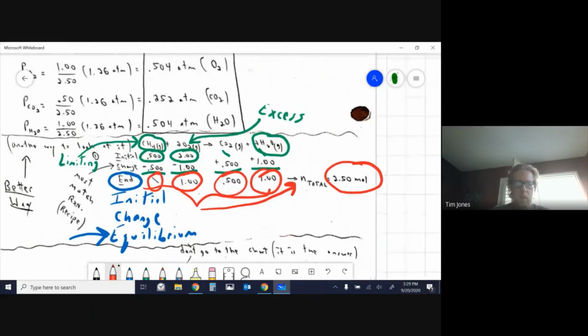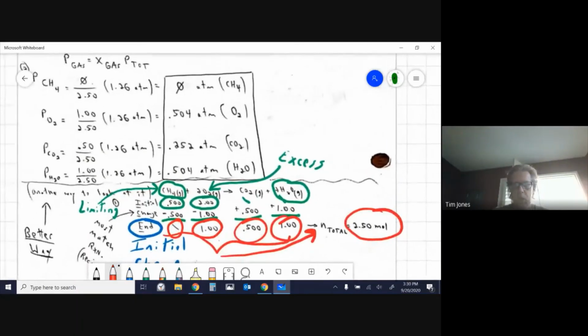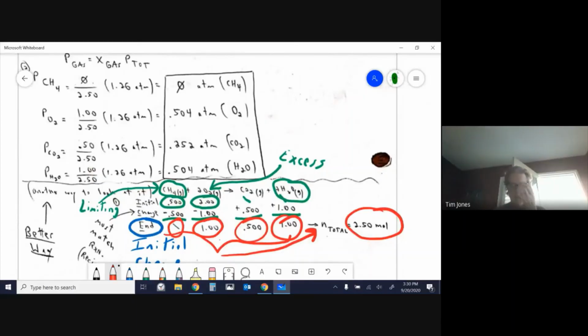Now, I take these numbers, and you either do it the logic way I mentioned earlier or the ice chart, which I think is better, to calculate the partial pressure of each of these chemicals, and they're all gases in this case. You do a mole fraction, which is the moles of that chemical over the total moles.